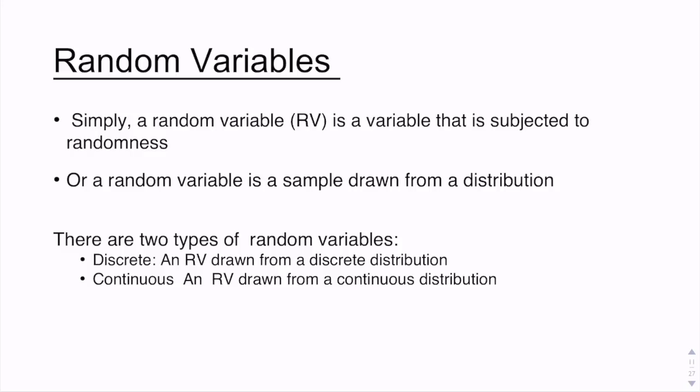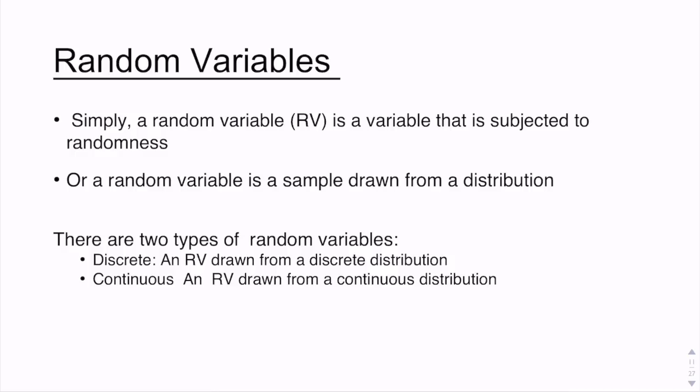Or in other words, if we consider the probability distribution as a black box or machine, then the input to this probability distribution is a random variable, and the output is a number between 0 and 1.